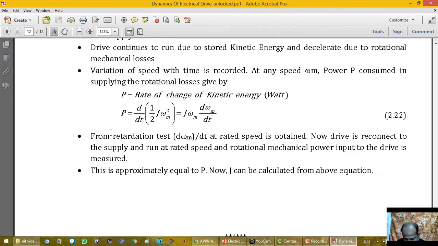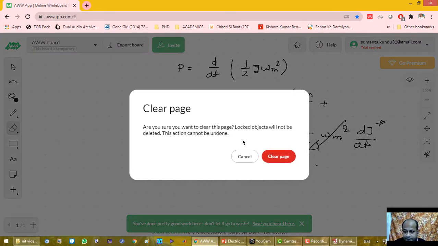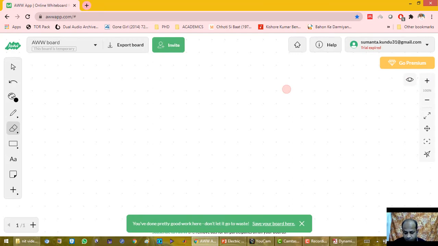What is the disadvantage of this retardation test? The disadvantage is that rotational mechanical loss and core loss are lumped together. Whether it is a 3-phase or single phase induction motor, in the equivalent circuit we have represented the electrical equivalent of the mechanical power developed through a variable resistance.